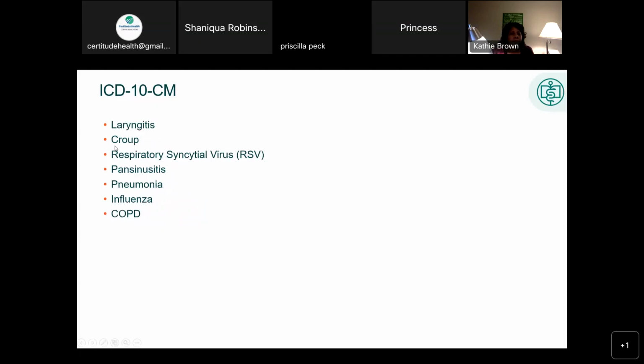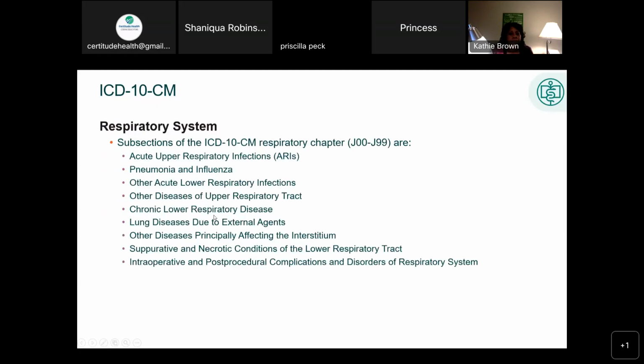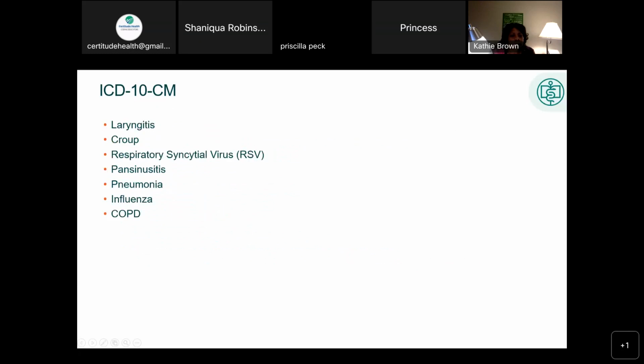So I won't necessarily go through all of these conditions as far as the diagnosis coding, but I will say, with these conditions, matter of fact, turn to your ICD-10-CM book and start with asthma.